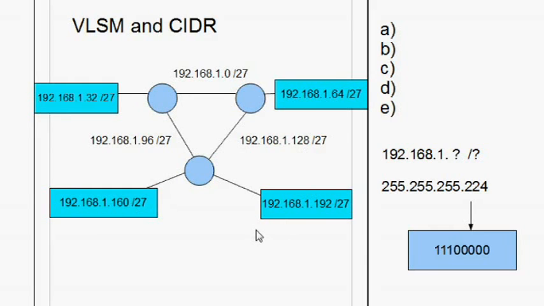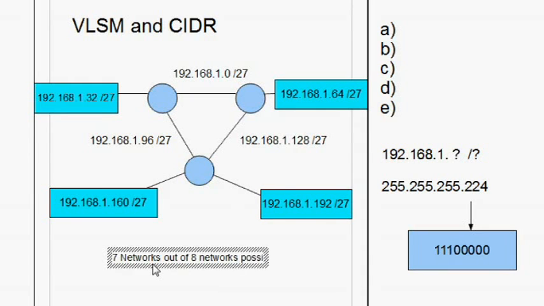Now, in the CCNA, they'll say to you, well, wait a minute. What if you want different sizes in the network? So in this network over here, you need more than 32 hosts. Right now, the way this works is I've got 7 networks out of 8 networks possible.